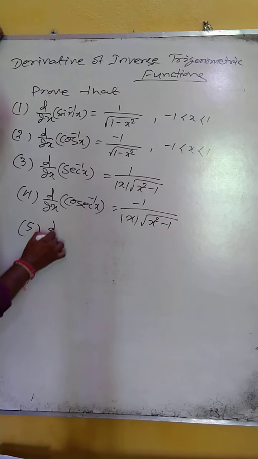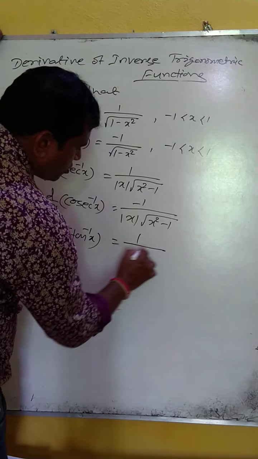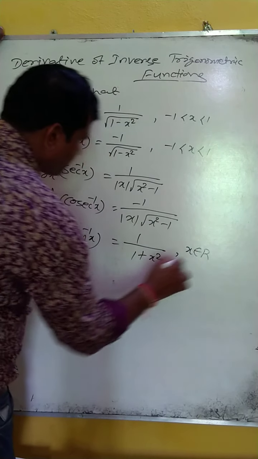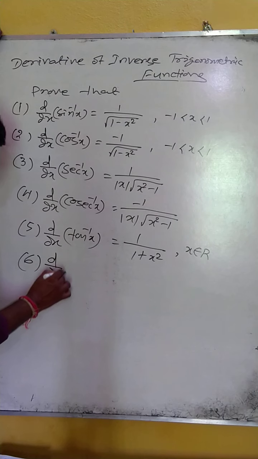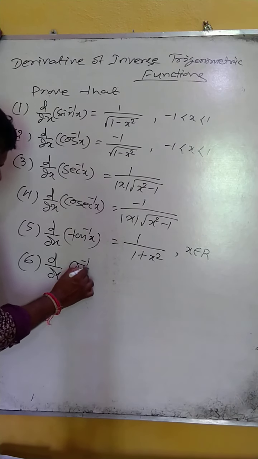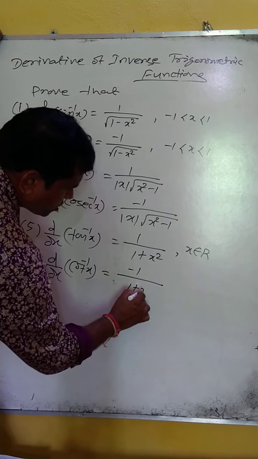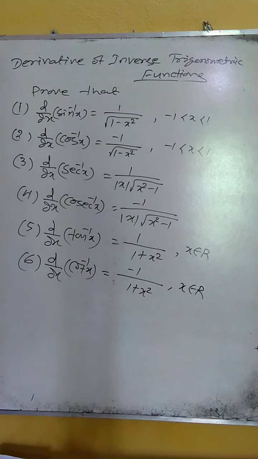Fifth, d by dx of tan inverse x that equal to 1 by 1 plus x square, x belongs to R. Similarly, d by dx of cot inverse x that equal to minus 1 by 1 plus x square, x belongs to R. Now we prove these 6 formula.